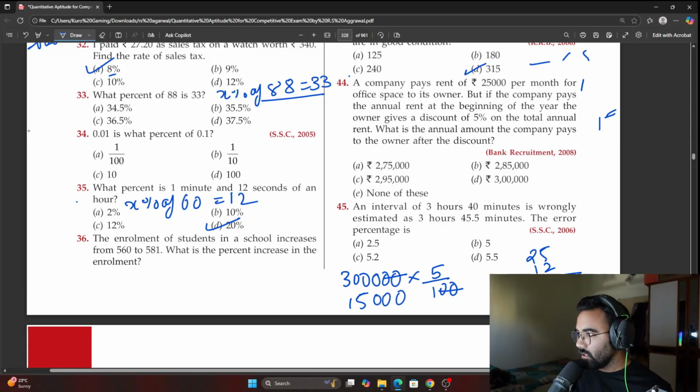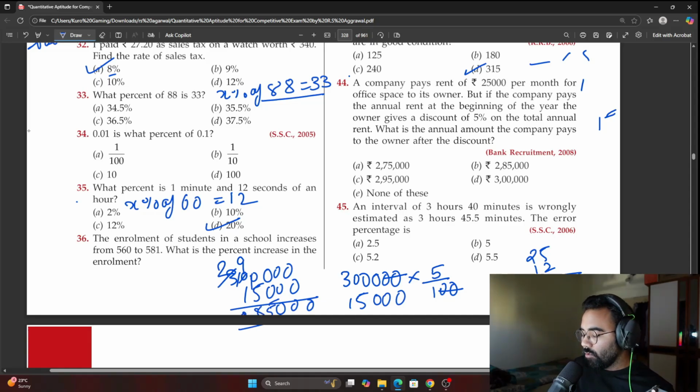So that is 15,000. So we need to subtract 15,000 out of the annual amount. So that should be 0, 0, 0. This is 2, this is 9, 5, 8, 285,000. That is option B.